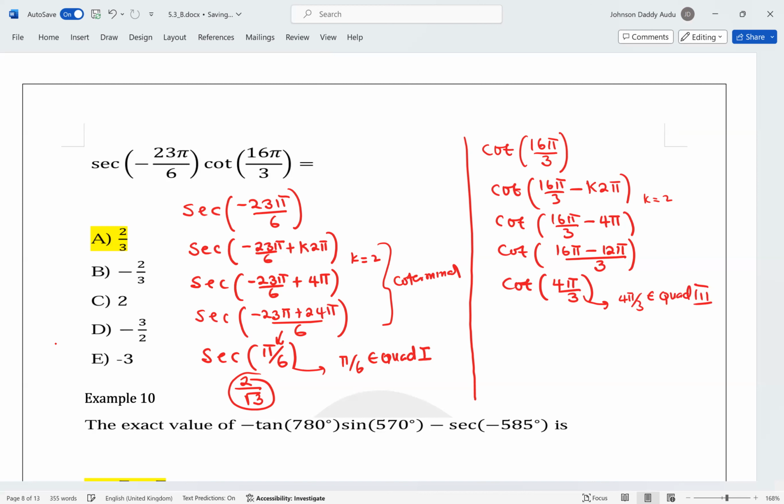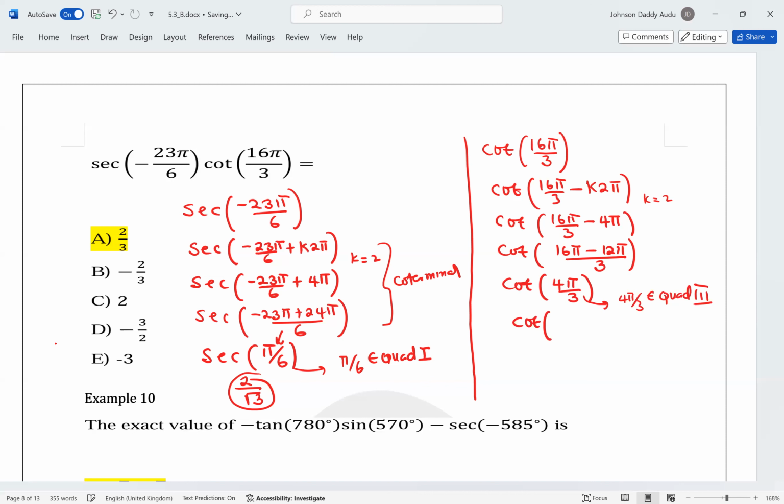And also in the third quadrant, we know cotan is positive, so no problem. It means we don't need to bring any negative out. So this is simply cotan of what?